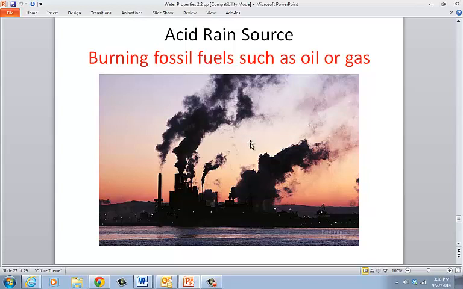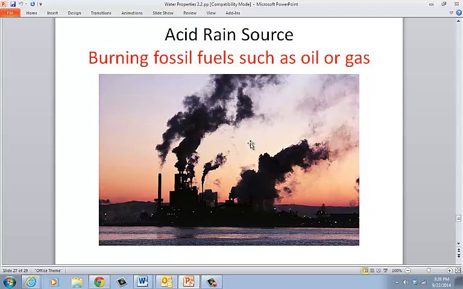And it combines with the hydrogen that's in the atmosphere, and it makes an acid. And then when it rains, of course, the pH of that water is now lower than 7. And so that's going to cause a problem.